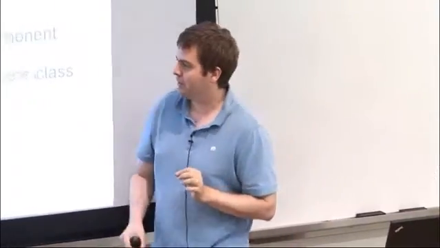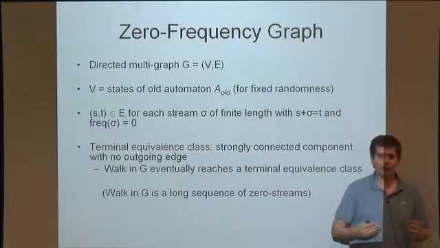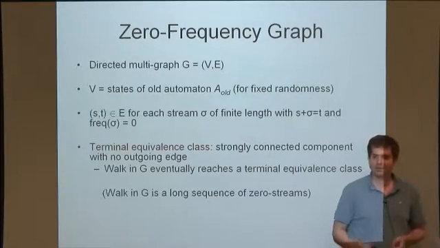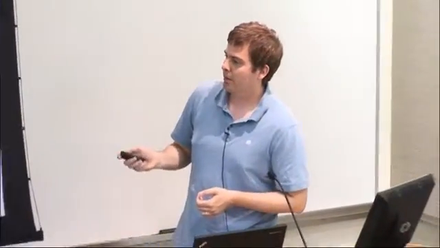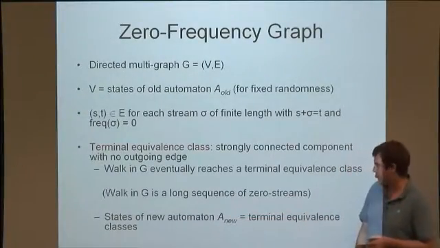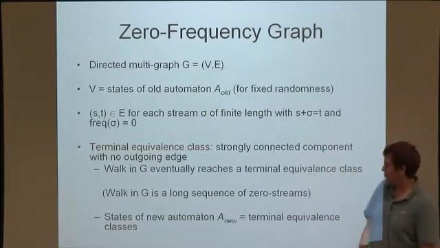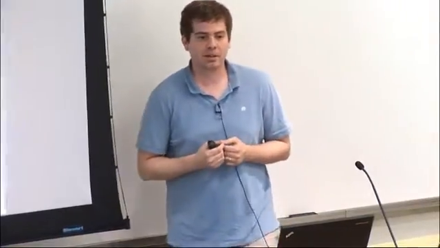A walk in G consists of a long sequence of zero frequency streams, all concatenated together. So for the old automaton, we're going to look at its zero frequency graph, and we're going to define the states of the new automaton to be the terminal equivalence classes of the old automaton.